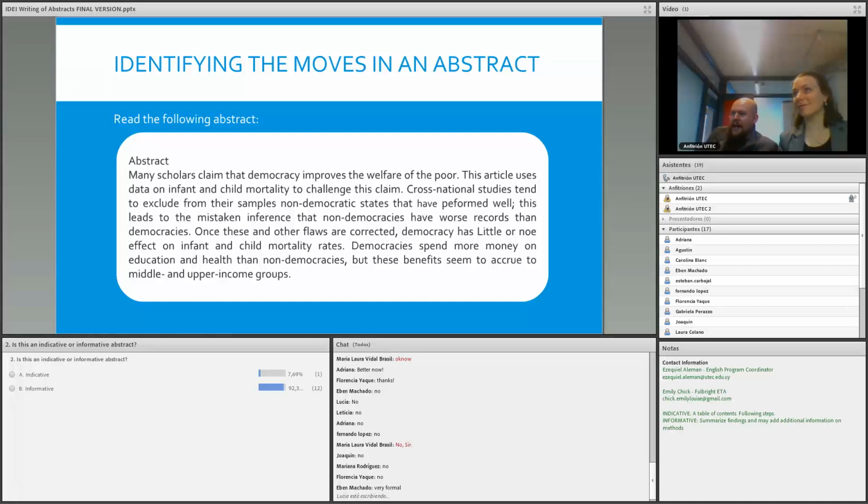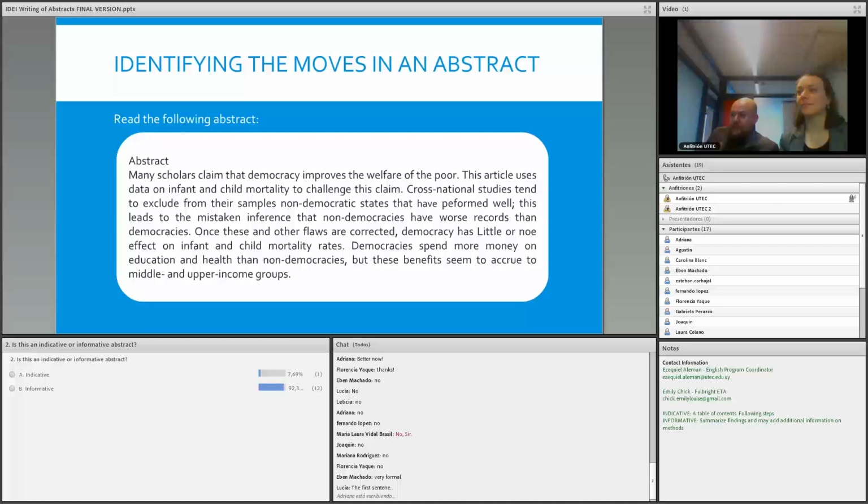But we can highlight with different colors. We're going to use yellow to begin with. Which sentences, you can use numbers, in which sentences can you see background information?